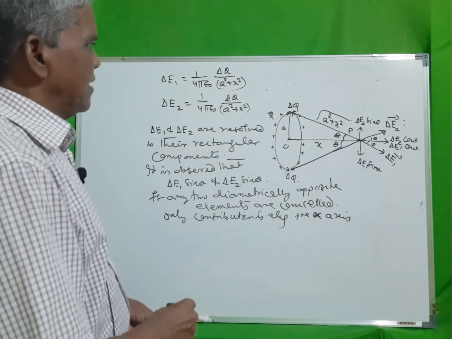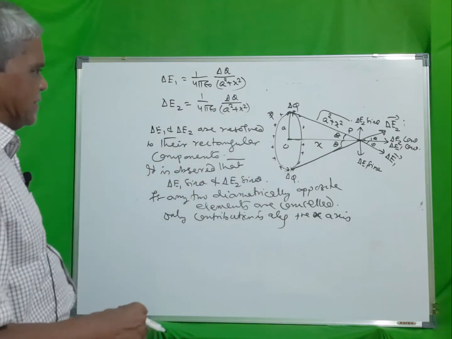If it were negative, then it would have been along the negative x-axis.